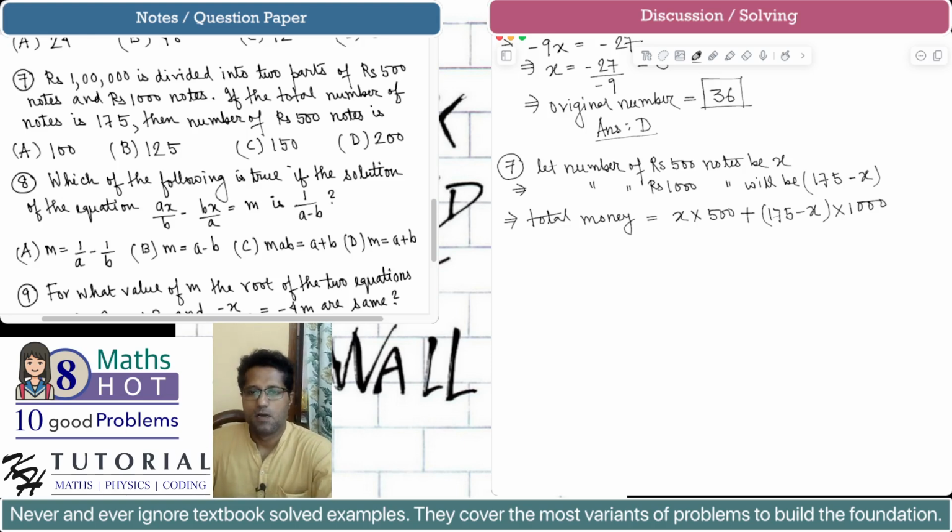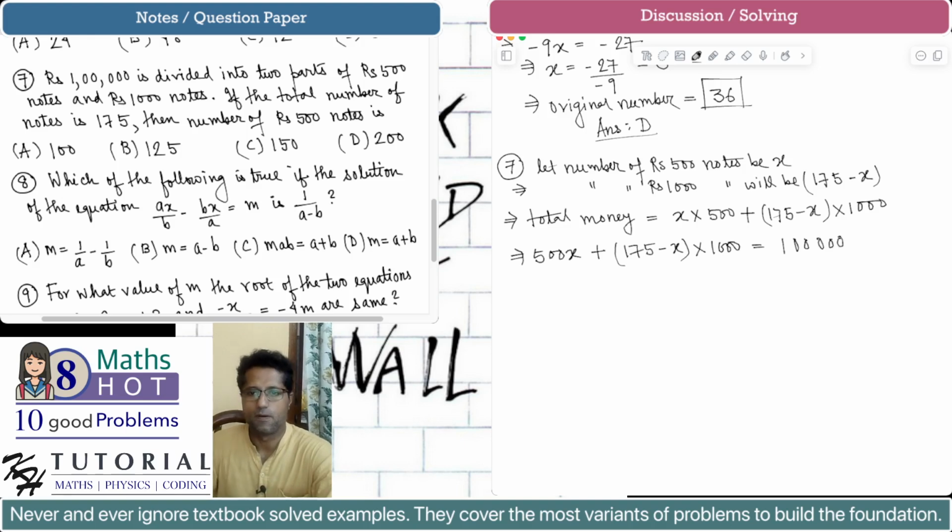Okay, and it is given that the total amount is 1 lakh. So we can say that 500x plus (175 minus x) multiplied by 1000 is equal to 1 lakh.